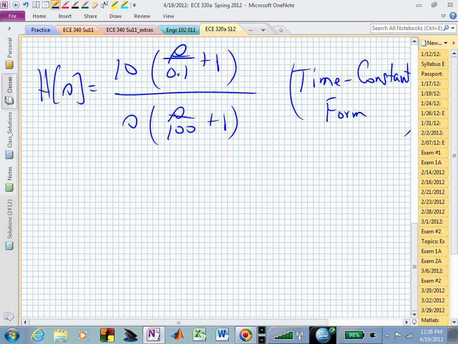We want to specialize this to sinusoidal excitations, or we want to look at what this transfer function looks like when we're walking along the imaginary axis from 0 up to infinity, or j infinity. So we're starting at j0, DC, and walking all the way up the imaginary axis, which means that really what we are doing is looking at H of j omega, and H of j omega is then a complex number.